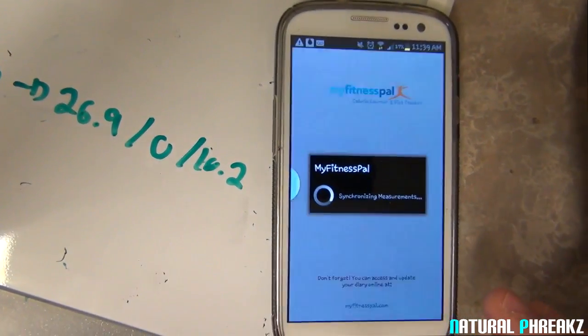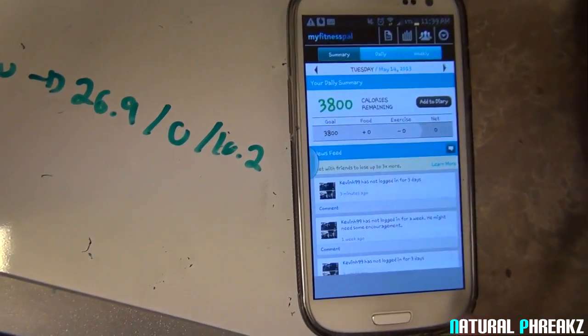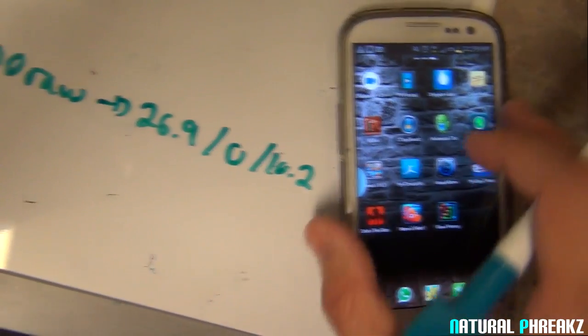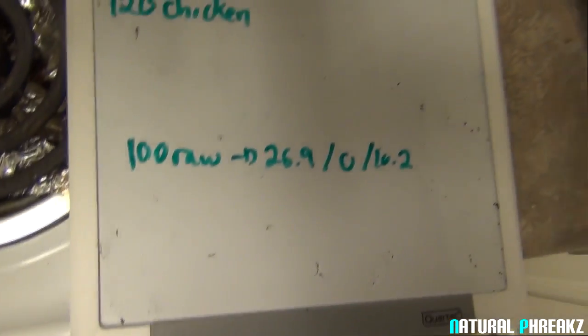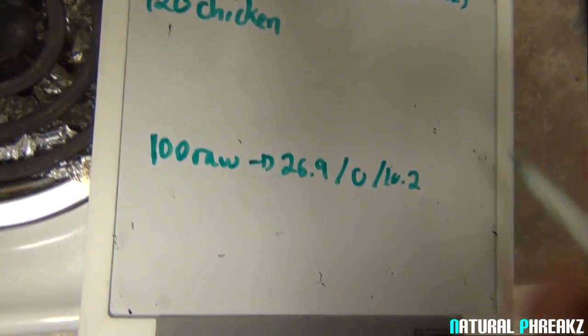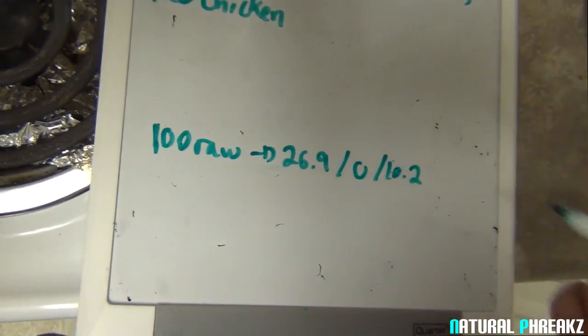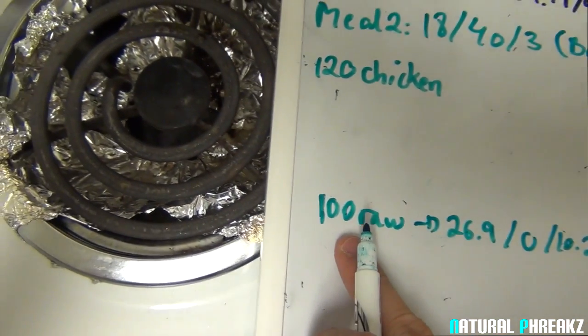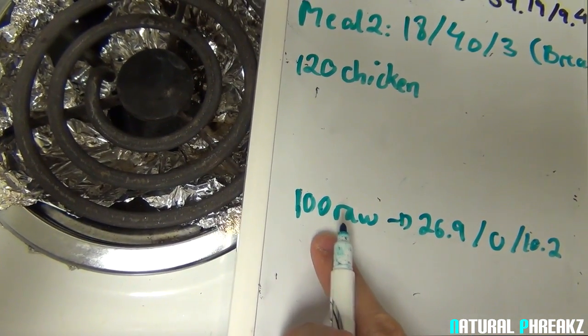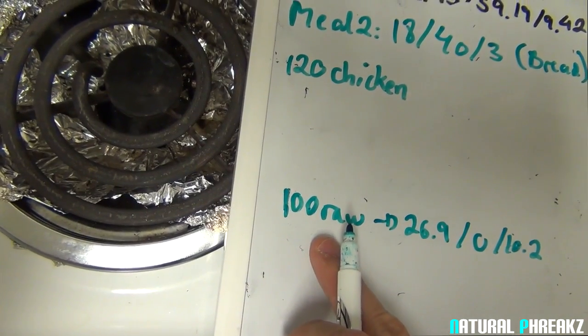You can search either cooked or raw. I already know how much it weighs cooked because I've done it many times, and I calculated the average of how much it weighs raw compared to cooked. Normally when it's raw and weighs 100, when it's cooked it's gonna weigh like 10 to 15 grams less.